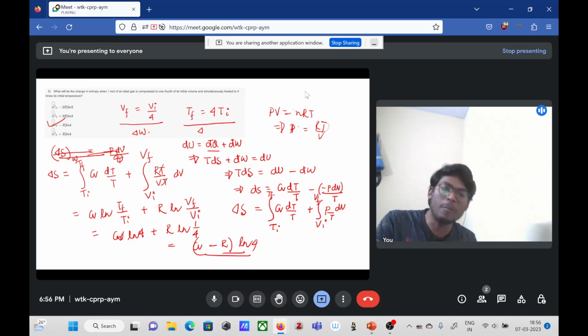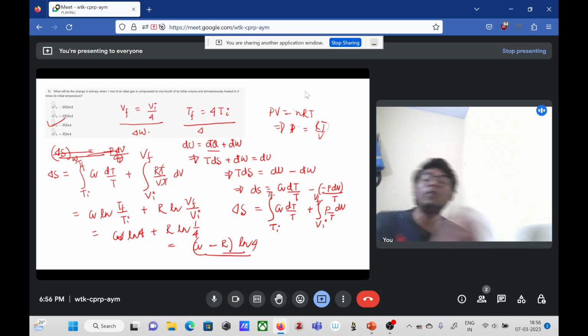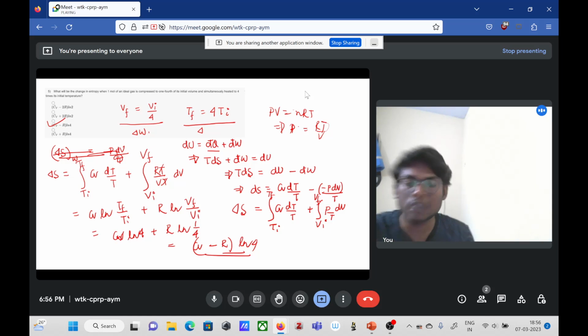Since that is compression, Vf is less than Vi, and the volume is compressed to 1/4 of the initial volume. So Vf by Vi will be 1/4, and Tf by Ti will be 4. Then with some logarithmic change we can write Cv minus R, because ln of 1/4 is minus ln 4. So just see.